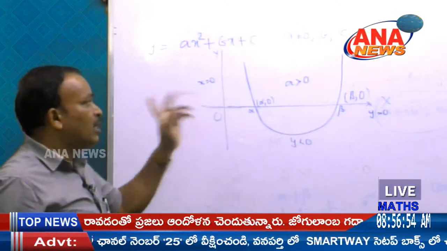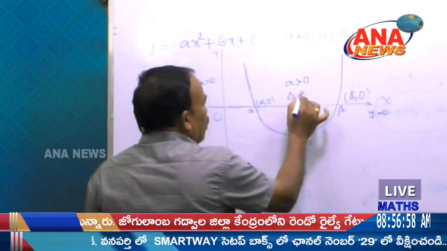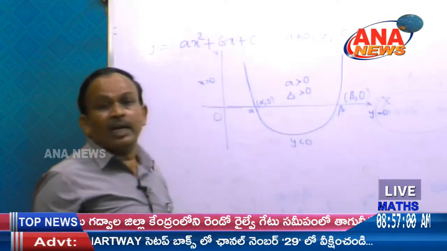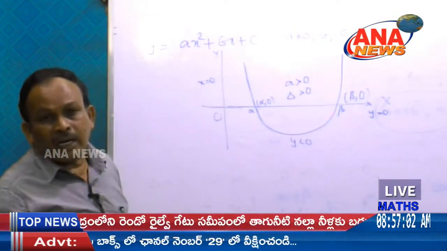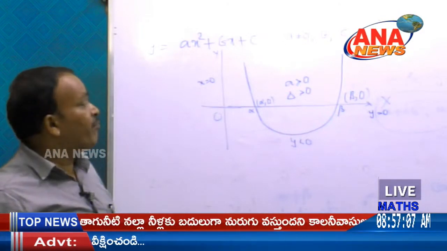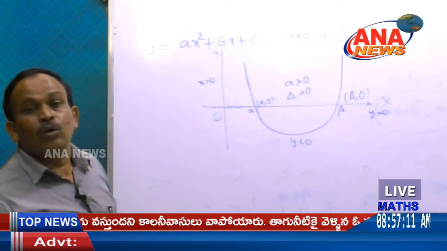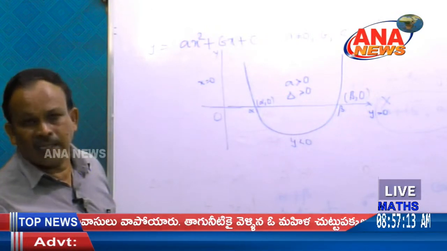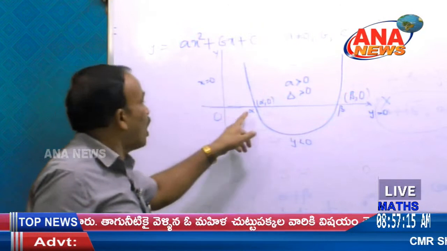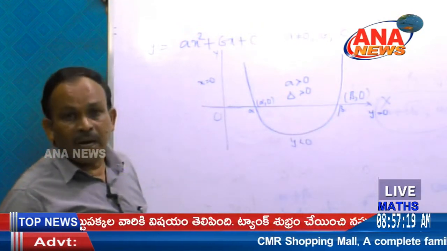See, this intersects at 2 points. Here delta greater than 0. Delta greater than 0 means what? Discriminant positive. If discriminant is positive, the equation has two roots. The two are alpha beta.